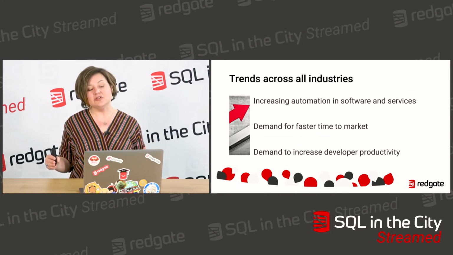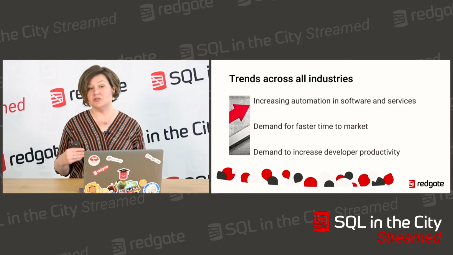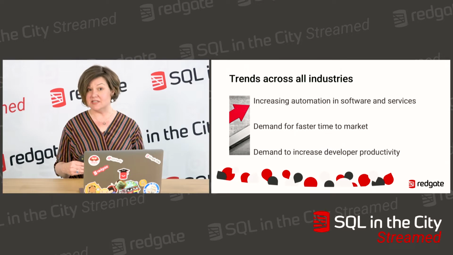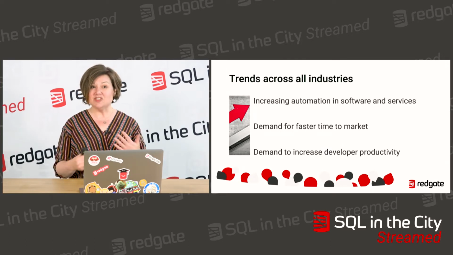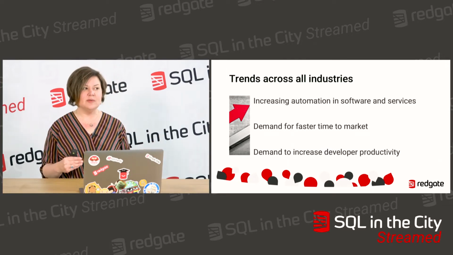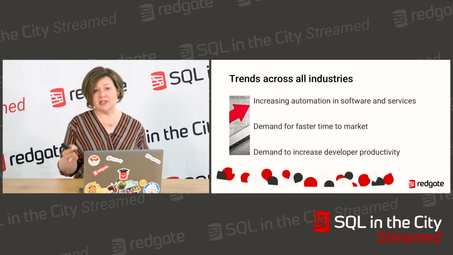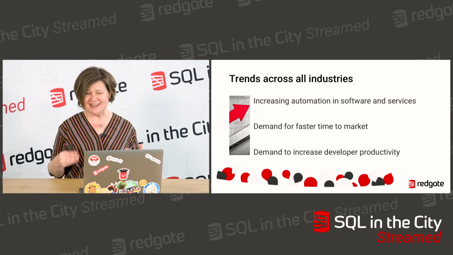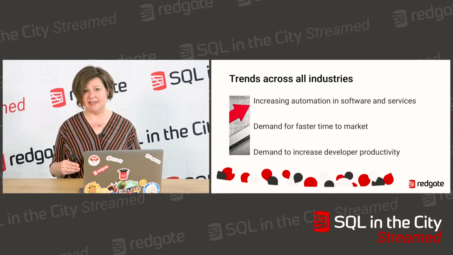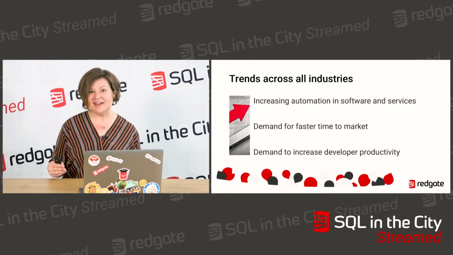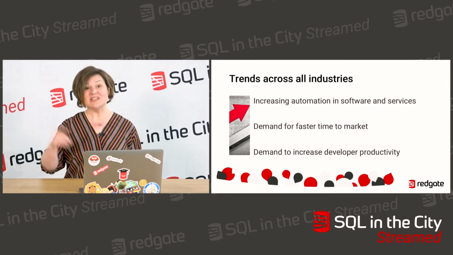Across all industries, automation is dramatically changing the way that we provide services, the way that we write software, and the software is used in so many things. What's happening is that not only startups, but larger companies can now innovate much more quickly. And that means that other companies who aren't innovating as fast are losing customers.